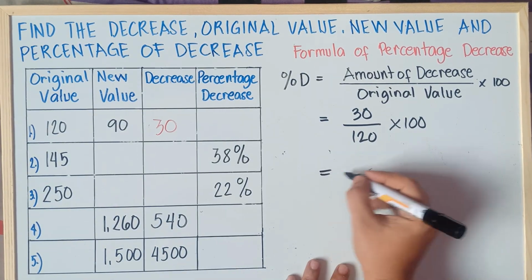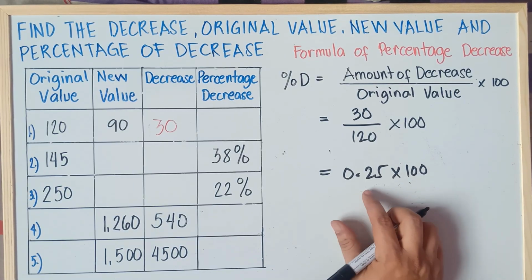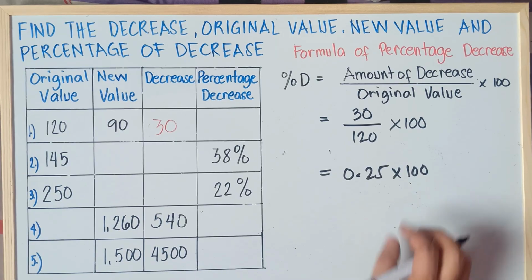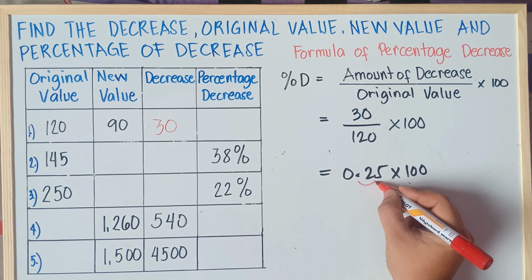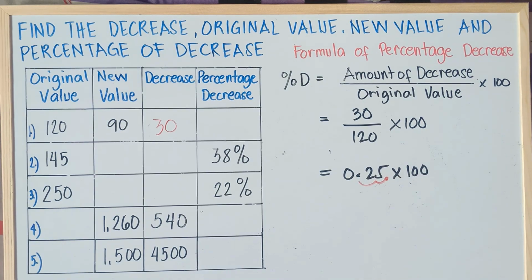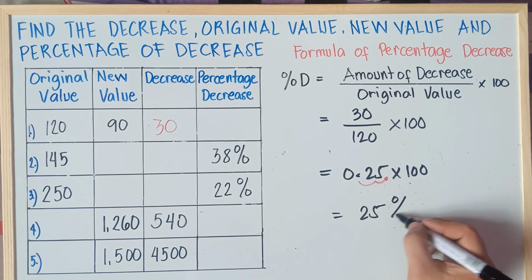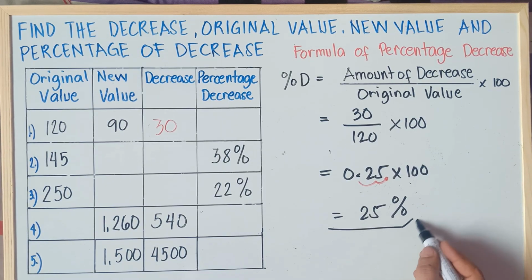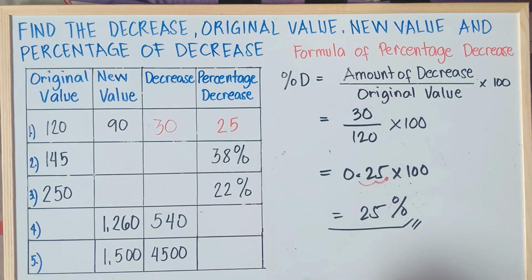So this is 0.25 times 100. Now, once you multiply a decimal, class, by a hundred, simply move the decimal point to the right twice. 1, then 2, and this will be the decimal point. So therefore, this is 25, and then you put percent, since we're looking for the percentage of decrease. That's it, class. All set for number 1.